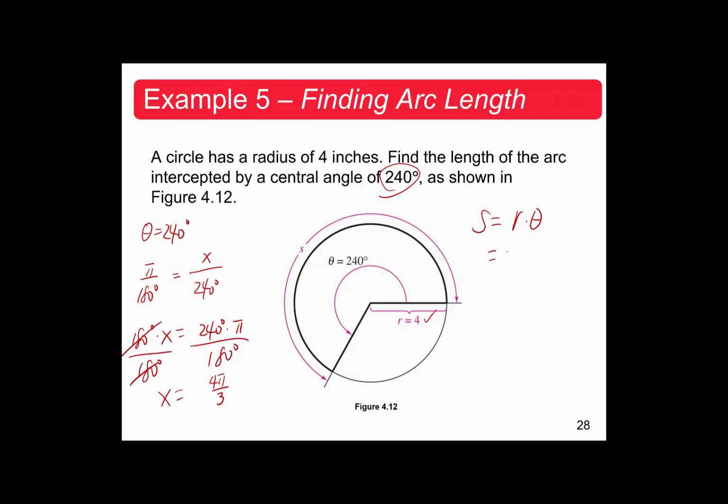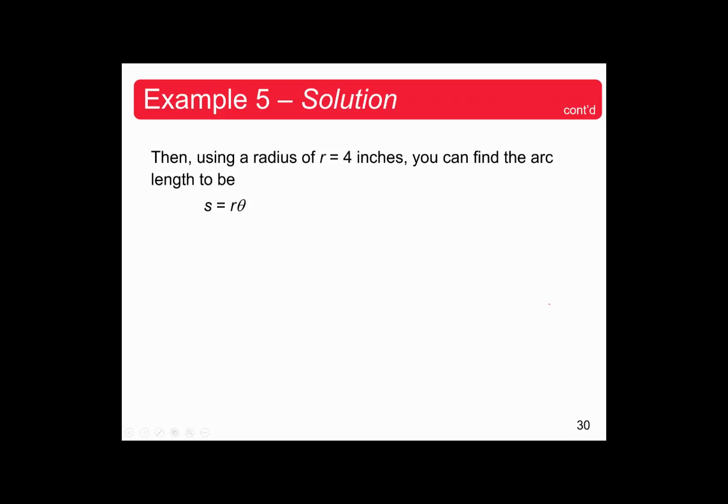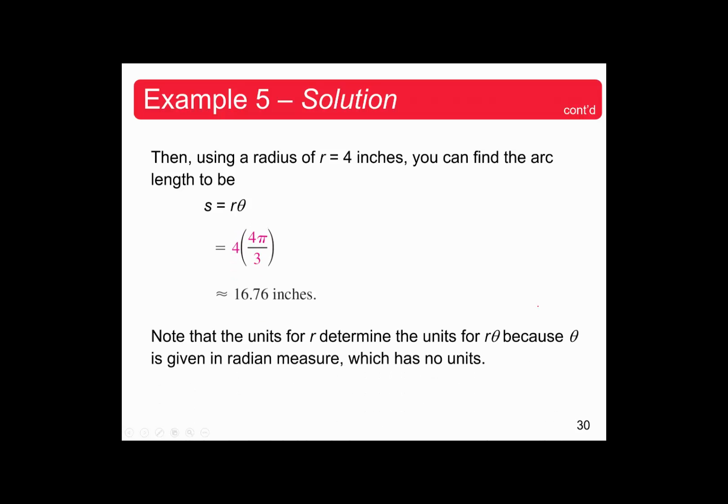So arc length is radius 4 times 4 pi over 3, and this should be 16 pi over 3. We know that the unit is inches, so 16 pi over 3 inches. That's the arc length we're talking about. There's a detailed solution here that I just showed you earlier.